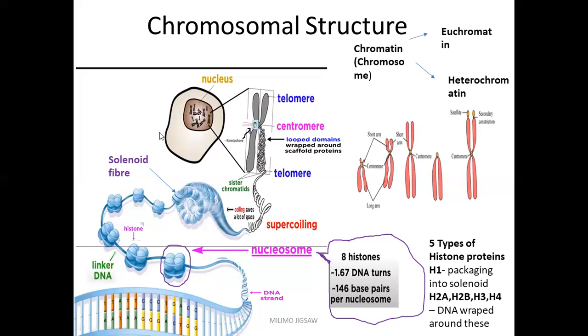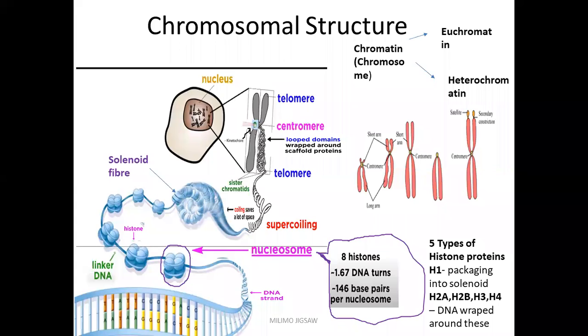There are many kinds of proteins that are associated with DNA. However, of importance, there are 5 basic proteins, which are known as histones. Going back to our lesson on nucleic acids, we did look at DNA being associated with the histones.